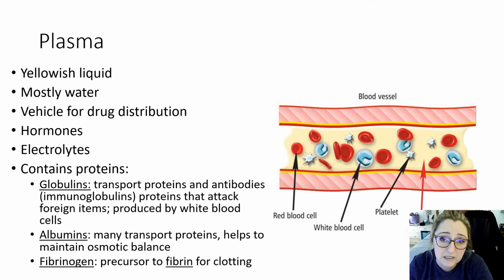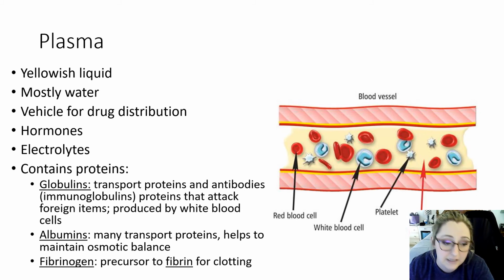The proteins that it contains, some of the most important ones I've listed out, globulins, so don't confuse that for the word goblin. These are globulins. These are transport proteins and antibodies, also known as immunoglobulins. These are proteins that will attack foreign items and are produced by white blood cells.